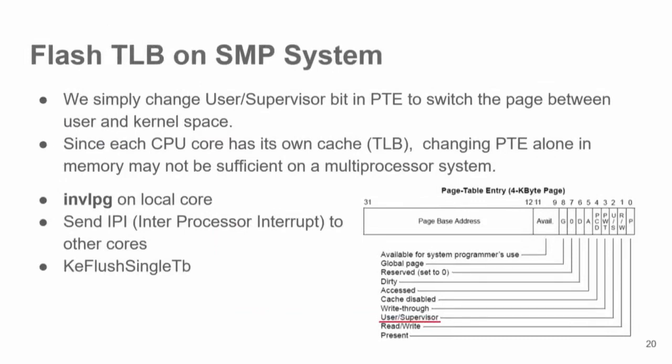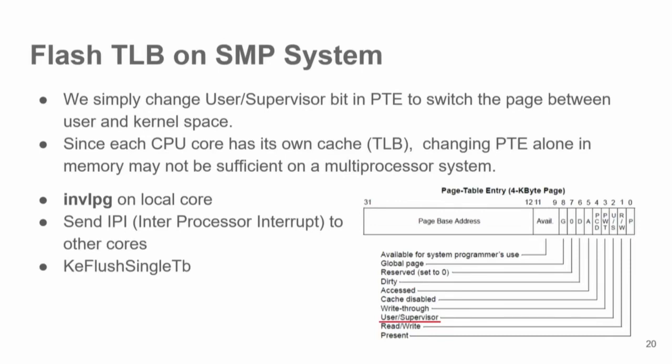Here are some implementation details I think I should mention, because our mitigation is based on putting the page into kernel and user space back and forth, and basically what we do is modify its corresponding page table entry. So when we do that, we need to consider how to do it in a multiple processor system, and we also need to invalidate the corresponding TLB entries, because every core has its own TLB.